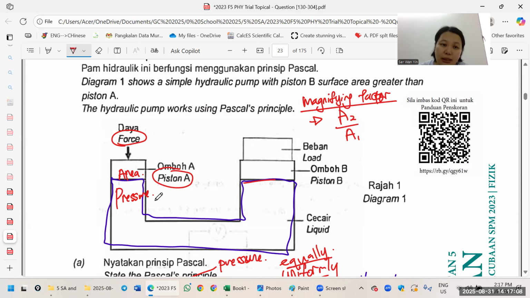Normally A1 is the small area and the other is the big area. Let's say B is 100 meters squared and A is 10 meters squared. How much is it magnified? We use 100 divided by 10, so it is magnified 10 times.